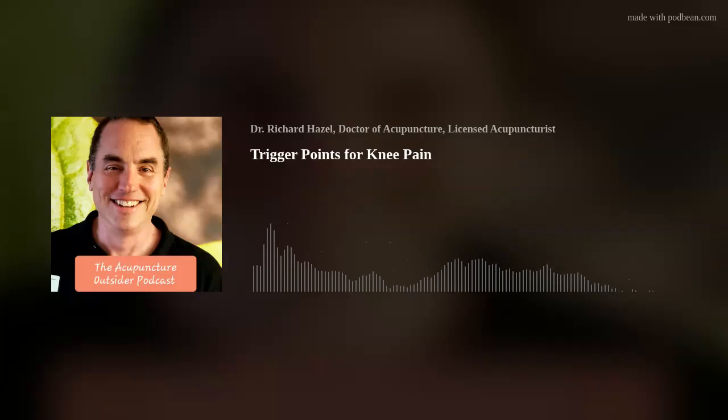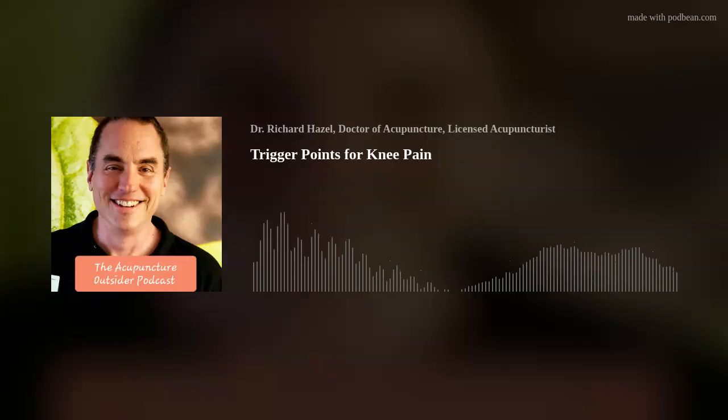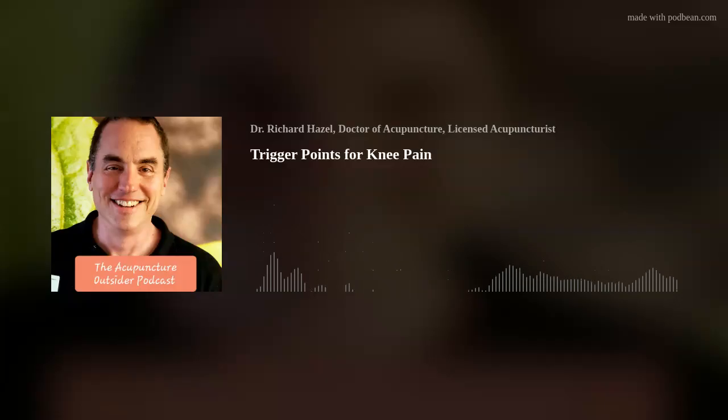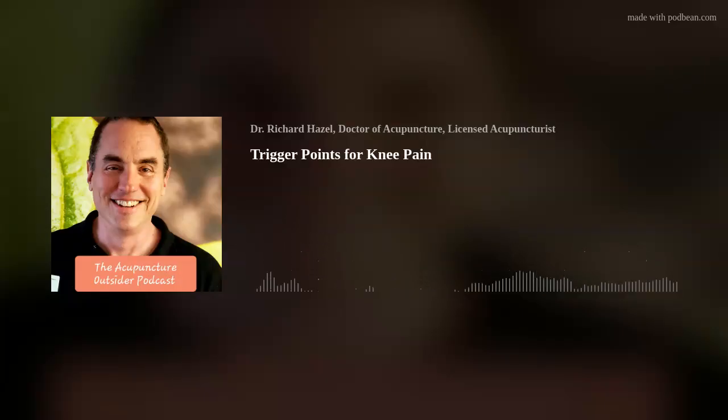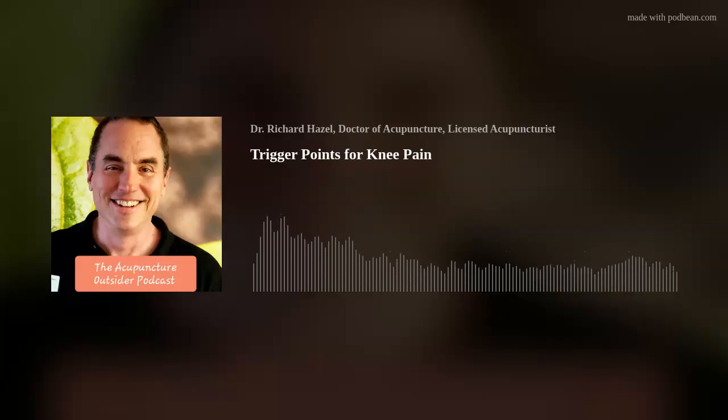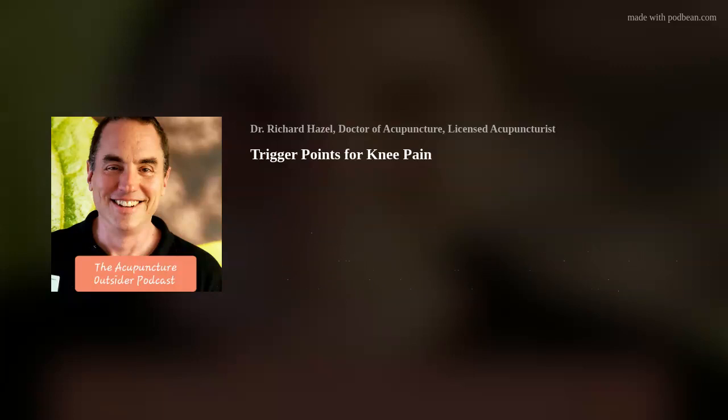If you are a spinal segmental acupuncturist and you are mostly thinking about spinal segments, motor points, and the local area that's in pain, maybe you're going to focus more on the L4 and 5, and you're going to try to neuromodulate that knee pain by sticking needles into the joint, usually under the patella.